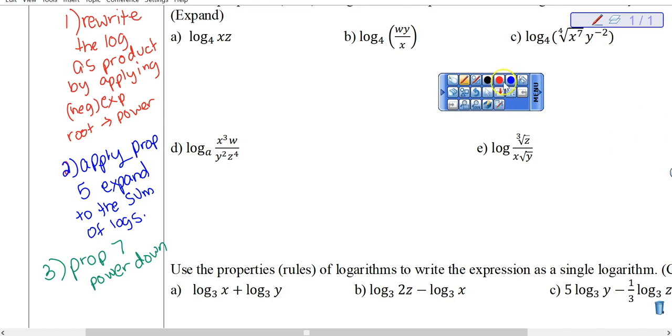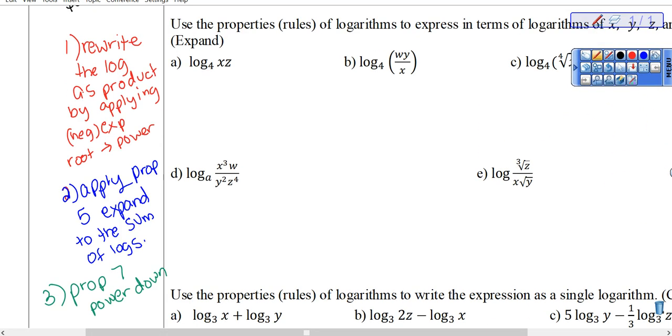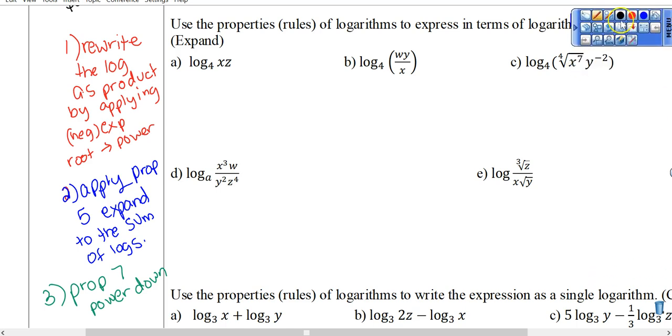So let's take a look at this first problem. Let me move my little guy out of the way here. Let's take a look at this. All right, so I'm going to pick up my red pen. I'm going to look at my problem here. So here I have the log of a product, x times z. And it doesn't have any negative exponent. It's not a quotient. There's no changing of roots to powers. So I can skip step 1 and go straight to step 2.